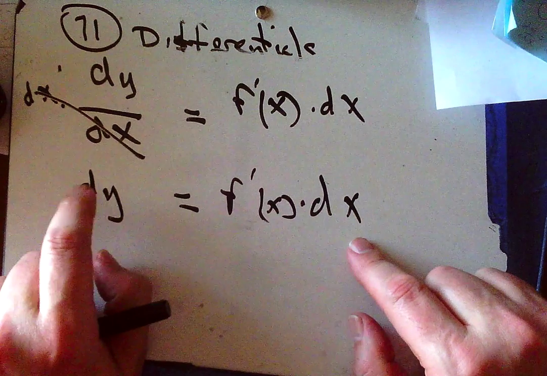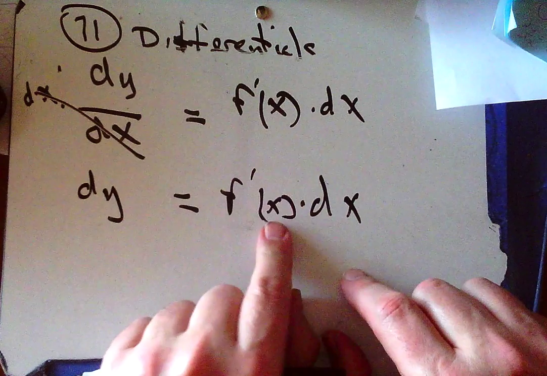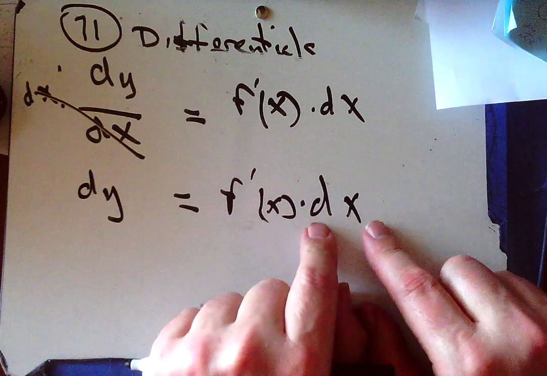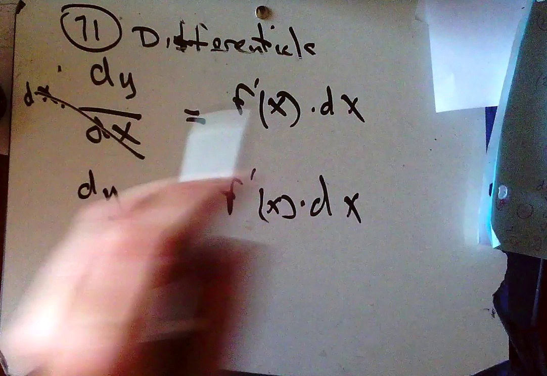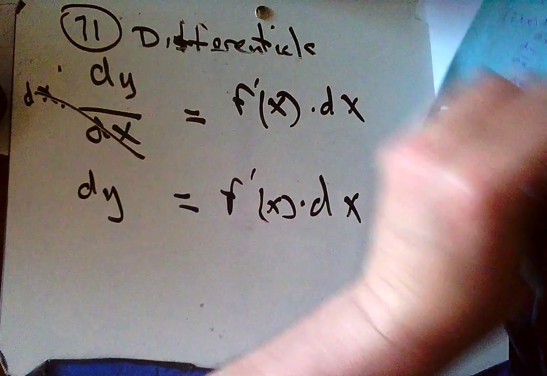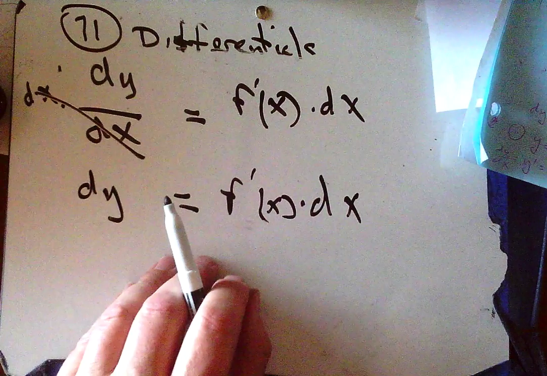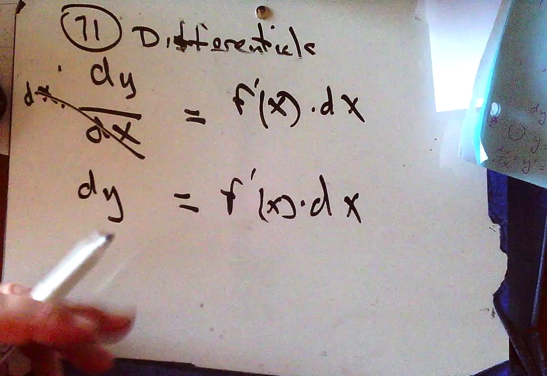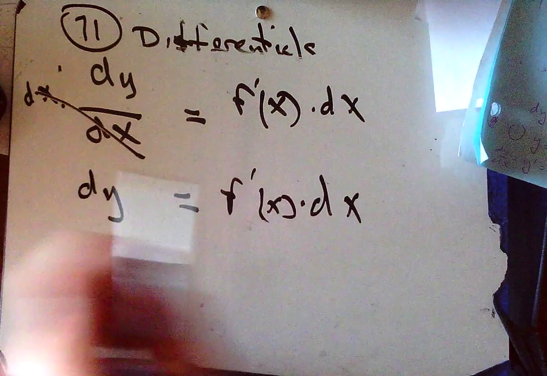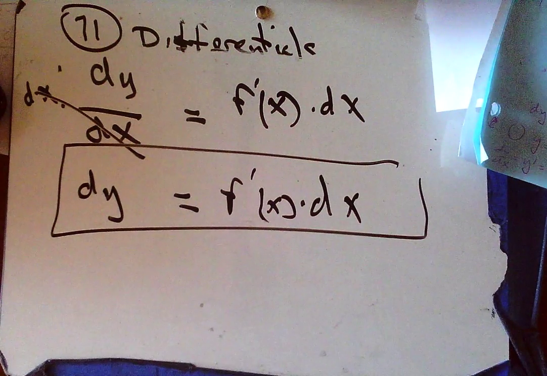Our differential dy depends on these two things: what x value we plug into f prime and what dx is. Okay? So now, instead of giving you a picture, I actually want to do a couple differential problems. Then I'll draw the picture, and we'll talk about how the picture connects to what we've been doing. We're going to be doing that a lot today.